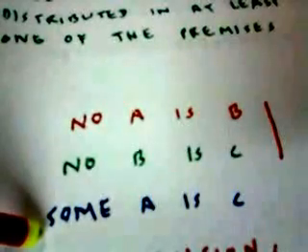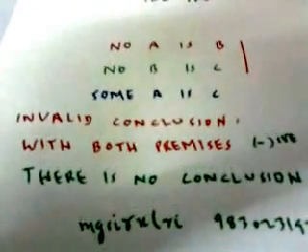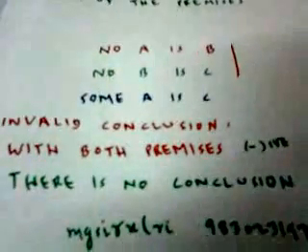If you have two negatives in the statements, we have no conclusion. This is a basic rule of syllogism. Two negatives, conclusion cannot be there. What is the rule? Invalid conclusion. With both premises negative, there is no conclusion. So remember that.